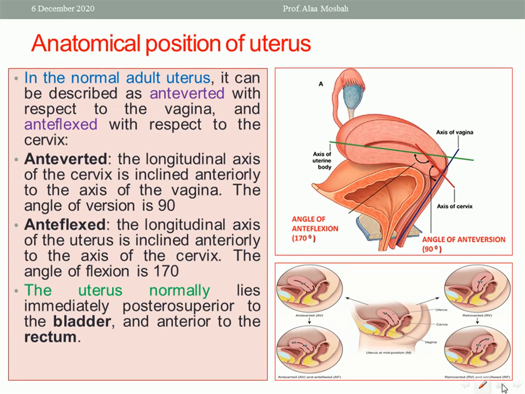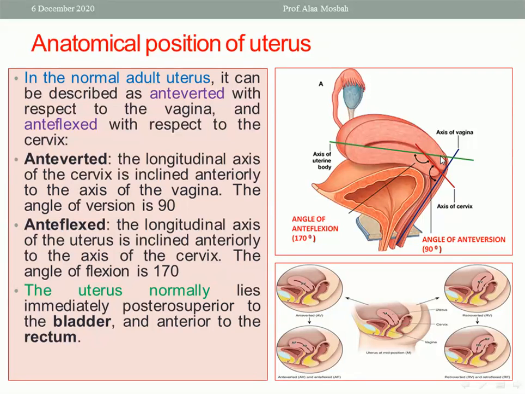What is the anatomical position of the uterus? Most commonly, the uterus is anteverted, anteflexed. What does it mean? Anteverted means that the longitudinal axis of the cervix makes a right angle with the longitudinal axis of the vagina, 90 degrees, as you see. This is anteverted.